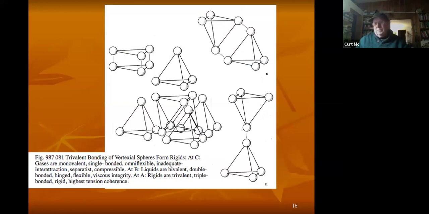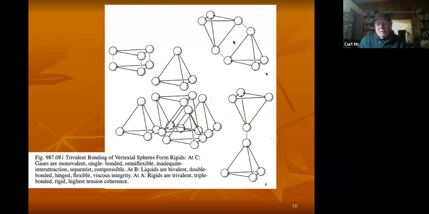So in terms of how the individual systems interact, Bucky graphically showed this from Synergetics. You've got systems that are completely separate, here in the middle left. They aren't interacting at all. In the lower right, you have systems interacting at a single node. And he said this is kind of like a gas where the molecules are all just flowing around and might have temporary association, but they're not strongly bonded.